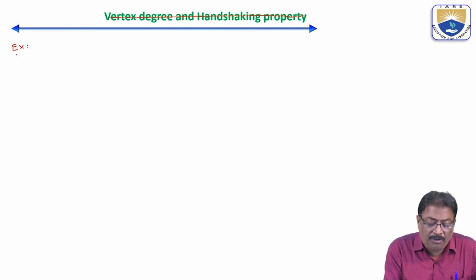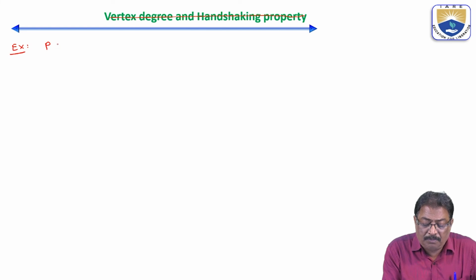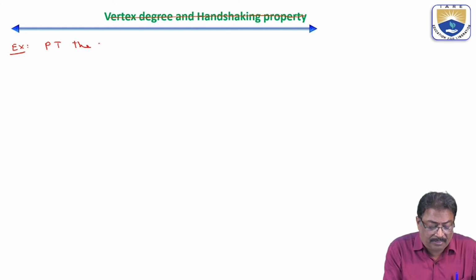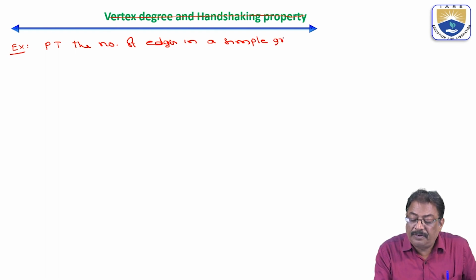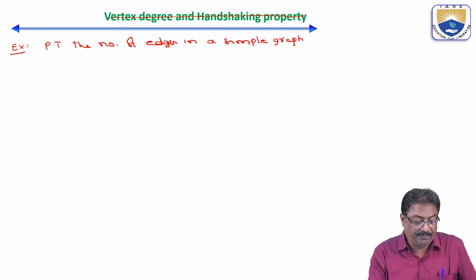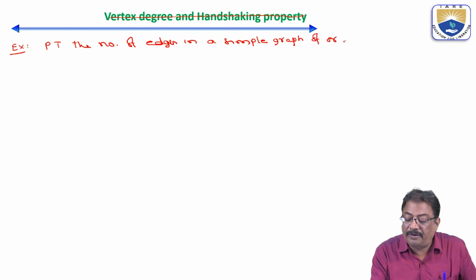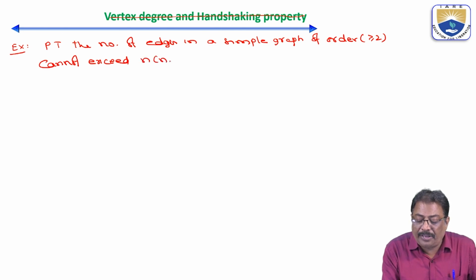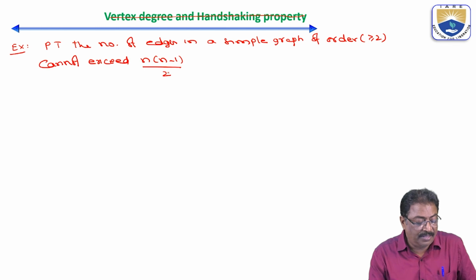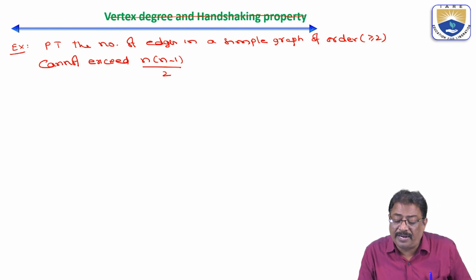Let us say, as an example: prove that the number of edges in a simple graph of order n, which is greater than or equal to 2, cannot exceed n into n minus 1 by 2 edges.